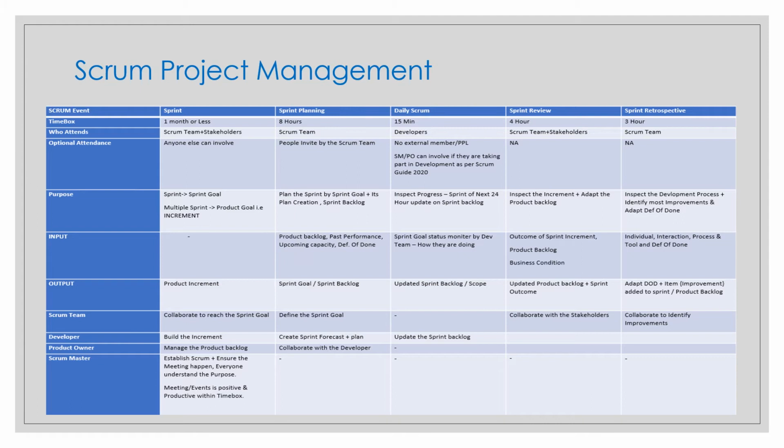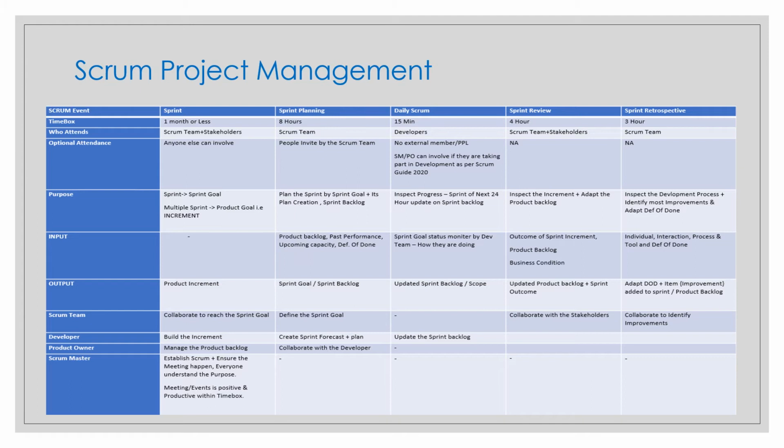In the daily Scrum, only developers are there; no external people or members are allowed. In Scrum Guide 2017, only developers used to do the daily Scrum, and this is one change that has been made in Scrum Guide 2020. If a product owner and a Scrum Master are involved in the development process of the product, they can participate as developers, as members.